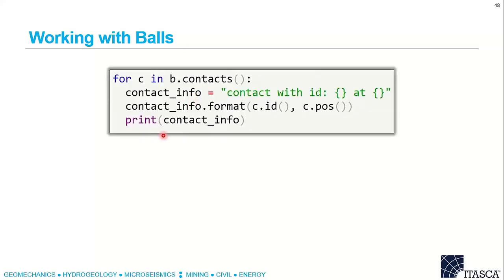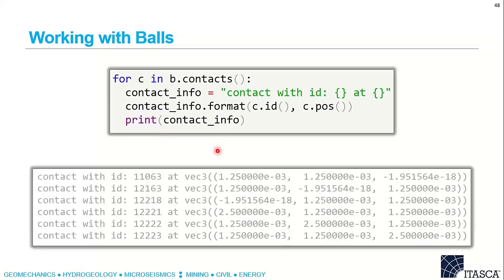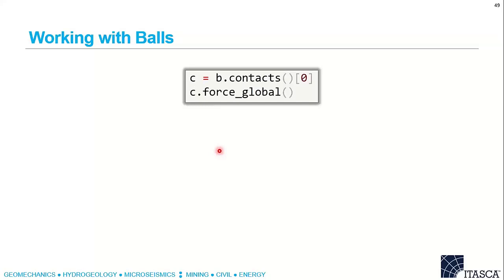The contacts then have specific information related to them. And so for example, here we output all of the contacts' IDs and positions. Since the contacts function simply returns a list, you can also access a specific contact by indexing into it.